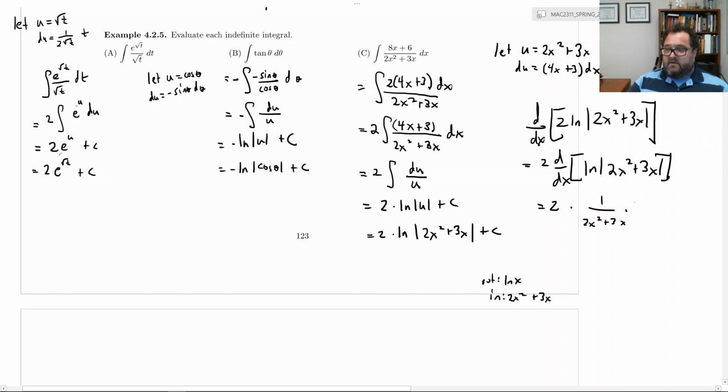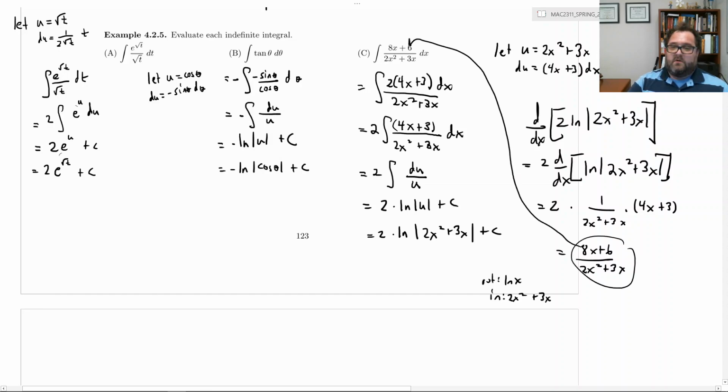And now the derivative of the inside function is what? 4x plus 3. And now I have a 2 times that term on the numerator. So if I distribute, I get 8x plus 6 over 2x squared plus 3x. And notice that indeed is my original integrand, so that is correct.